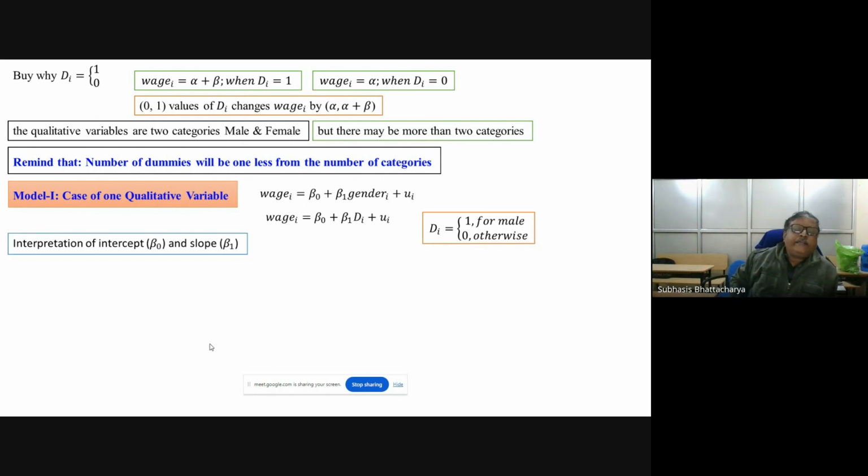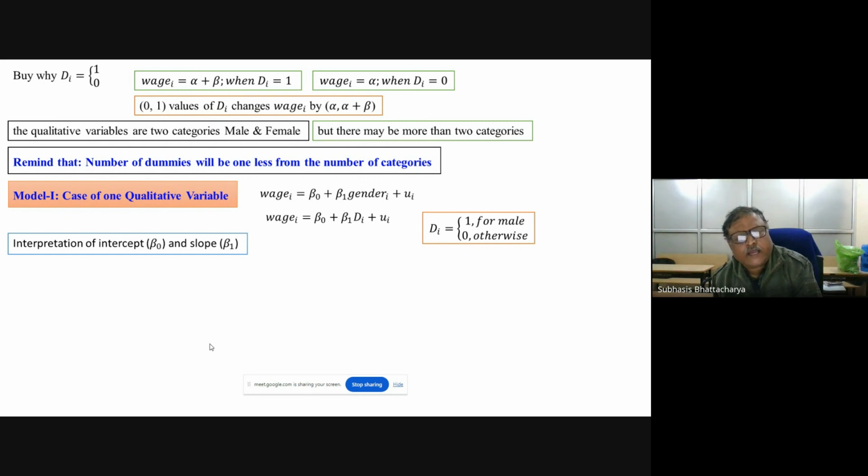So what is the interpretation of these two terms? In regression analysis, we work on the basis of data which may be quantitative or qualitative. For example, here wage is quantitative data and Di is qualitative data. So what is the interpretation of beta 0 and beta 1?